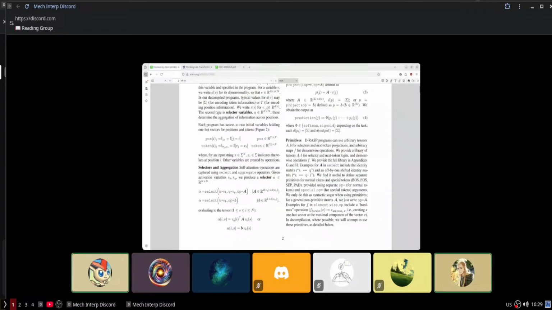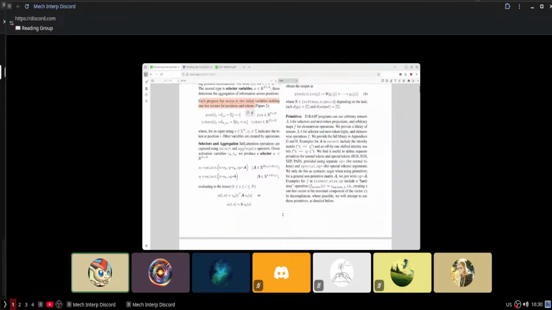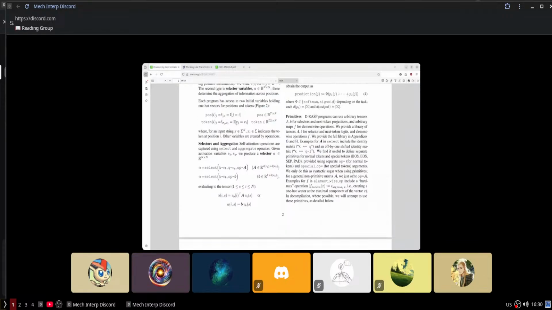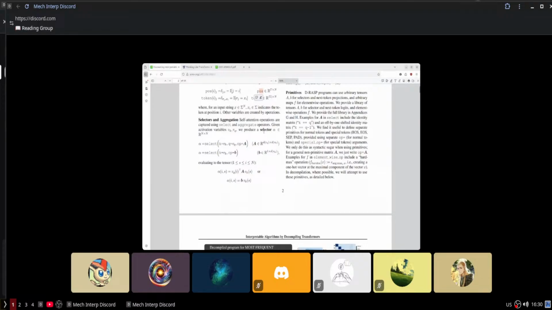Two initial variables correspond to the tokens and positions. Oh yeah, this is the positional encoding. I understand. One-hot encoding, I guess.